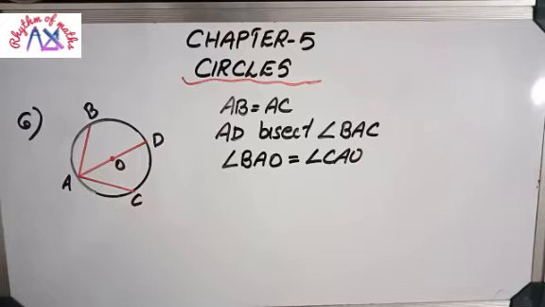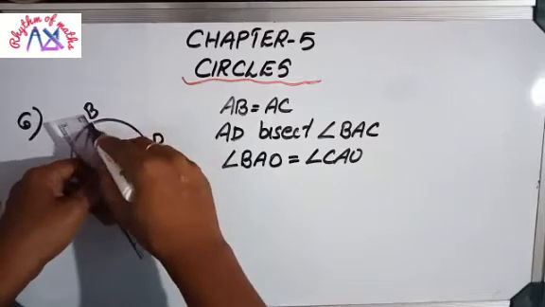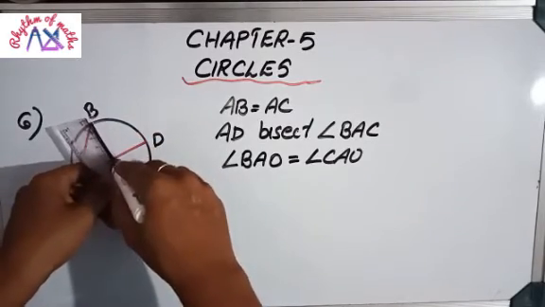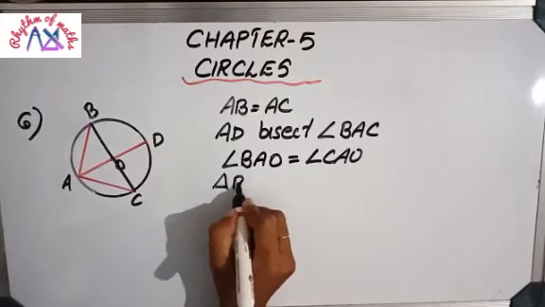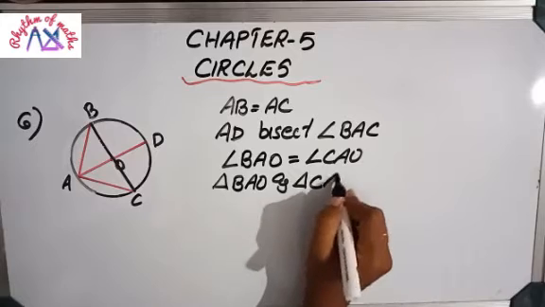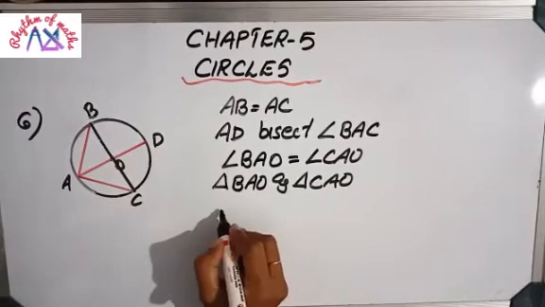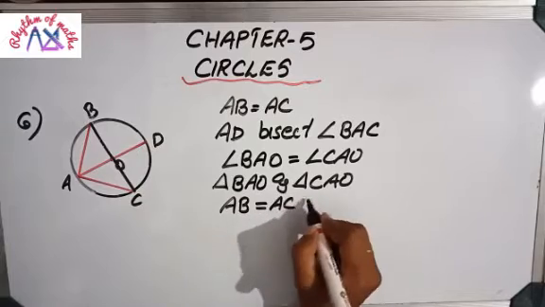So here also we can consider two triangles. Same procedure, no change. All the steps are the same as the fifth one. So here also we consider triangle BAO and triangle CAO. First side is already equal because it is given AB equal to AC.